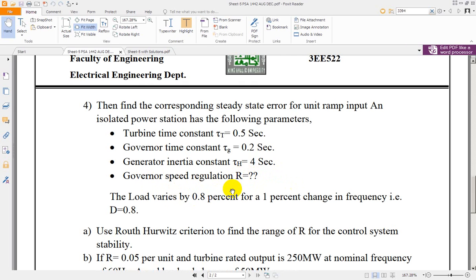Load varies by 0.8% for a 1% change in frequency, that is, D value is equal to 0.8.